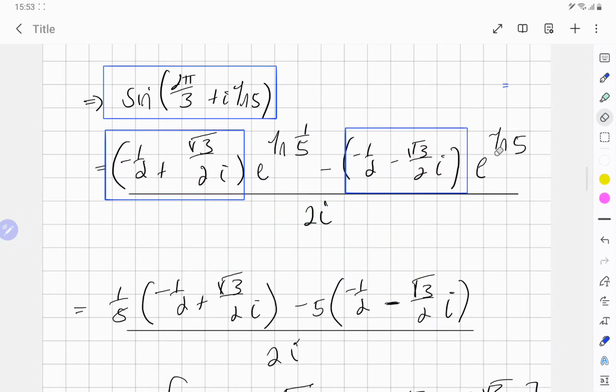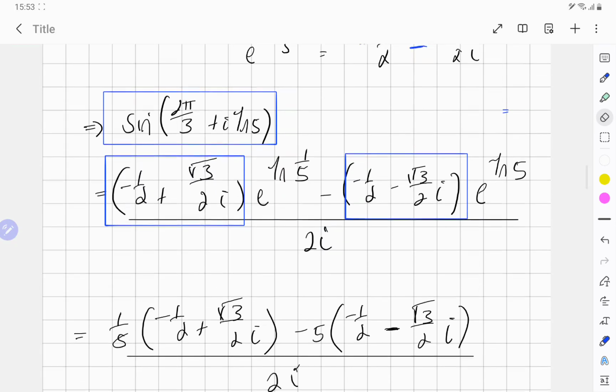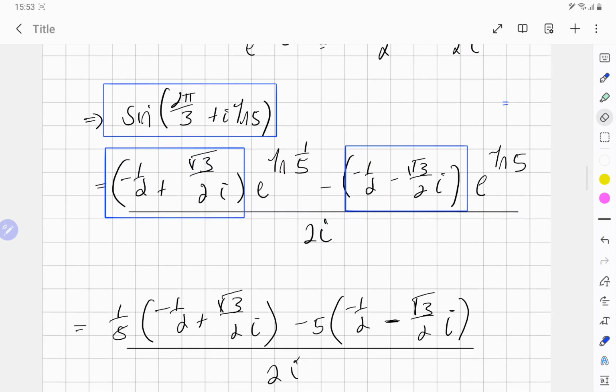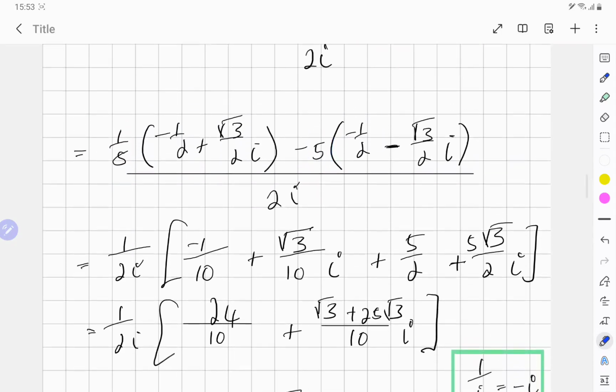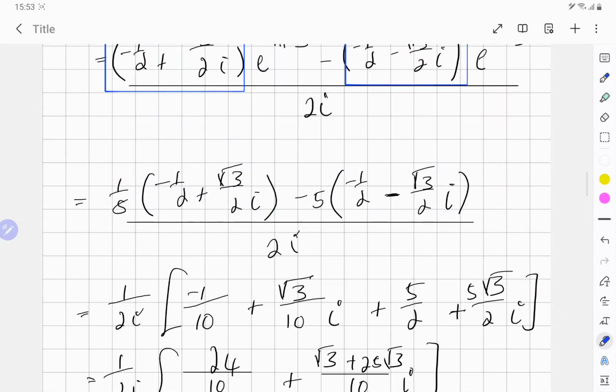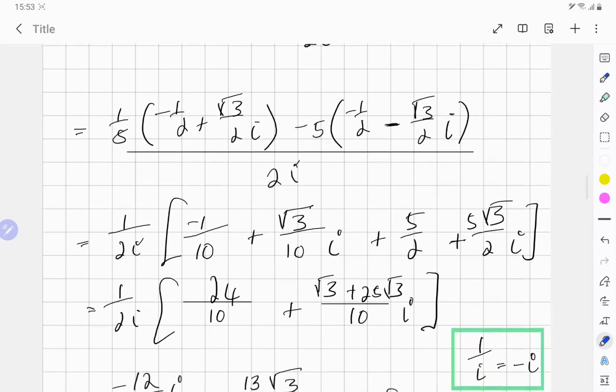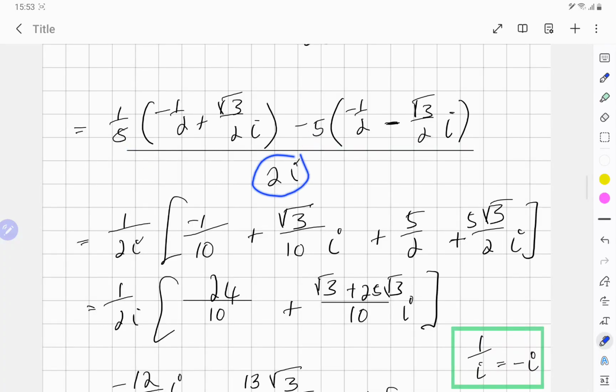So here the same, we have e to the ln 5, but we drop the e and the ln, we just get 5. From here, we're just gonna distribute. Remember that we have the 1 over 2i in front, the coefficient of the whole bracket.